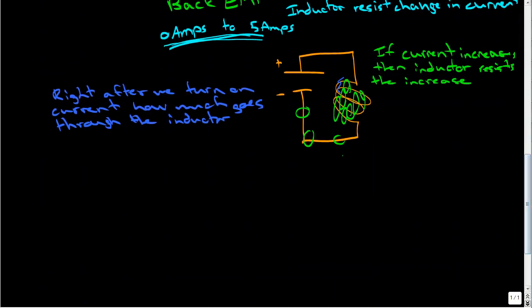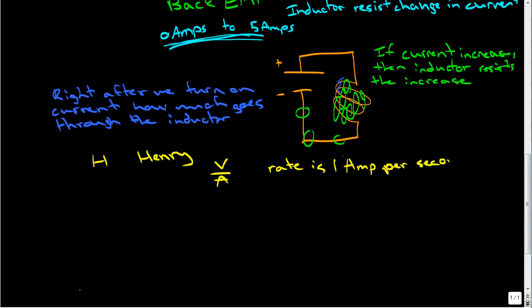And so the unit for inductors is the H. It's called the Henry. And what that means is it's the volt per amp. So if the rate of change of current is 1 amp per second, that will create a back EMF.